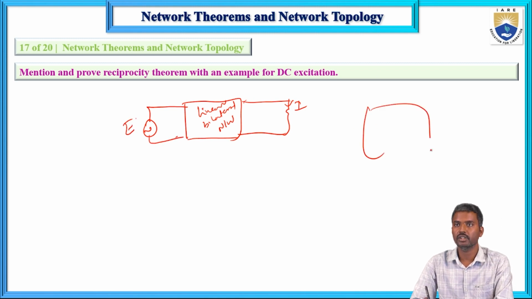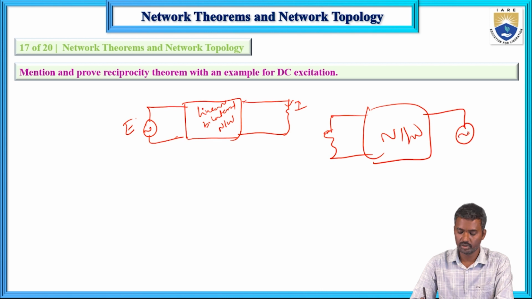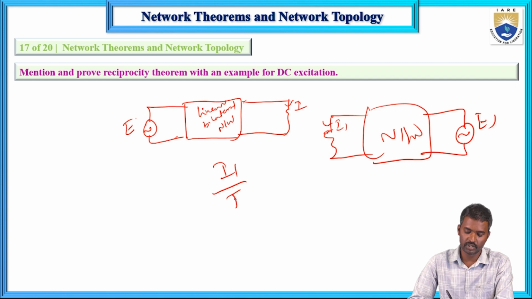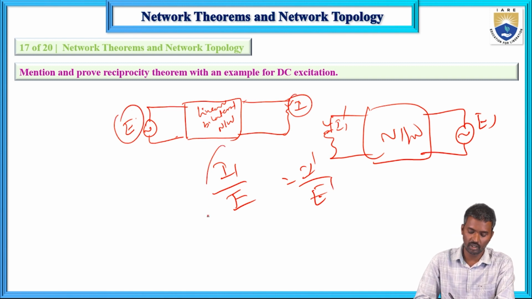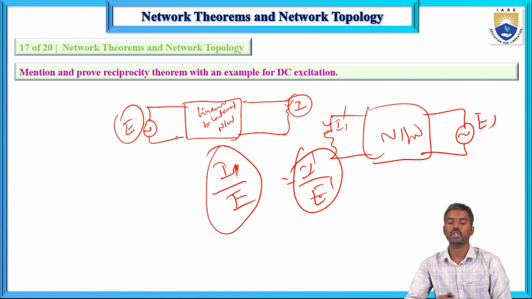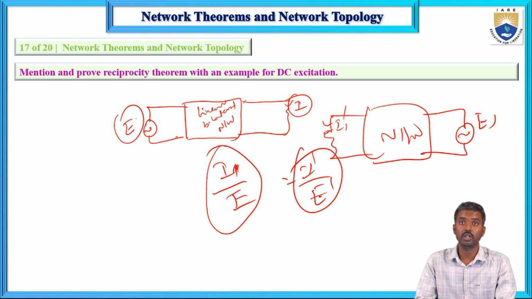If you interchange the source and the response, the ratio of response to excitation is the same, I dash by E dash. The ratio of response to excitation is the same when you interchange the source terminal and branch terminal. That is also explained in the reciprocity theorem lecture. Just watch that lecture.